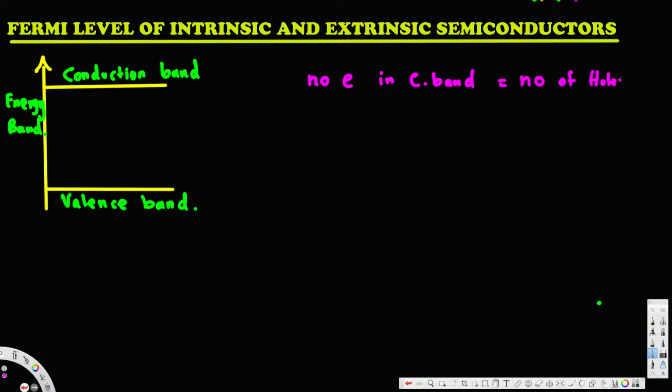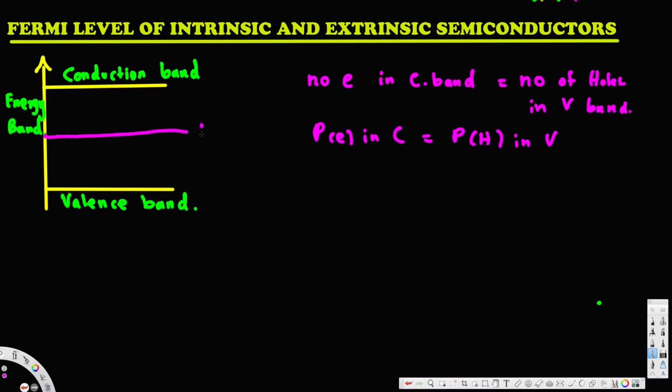In another way, we can say the probability of finding an electron in the conduction band is equal to the probability of finding holes in the valence band. When this happens, our Fermi level is going to be exactly in the middle for intrinsic semiconductors. Now for extrinsic, it's going to be different.